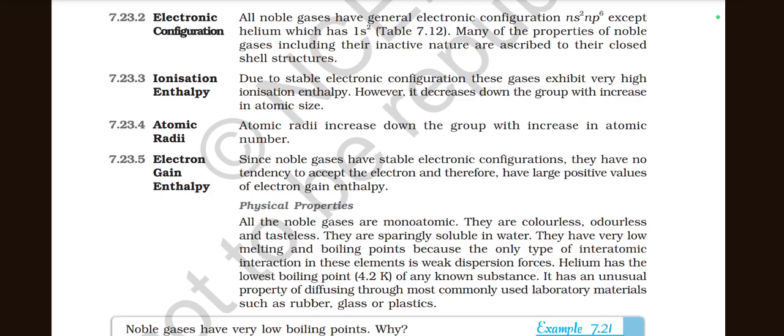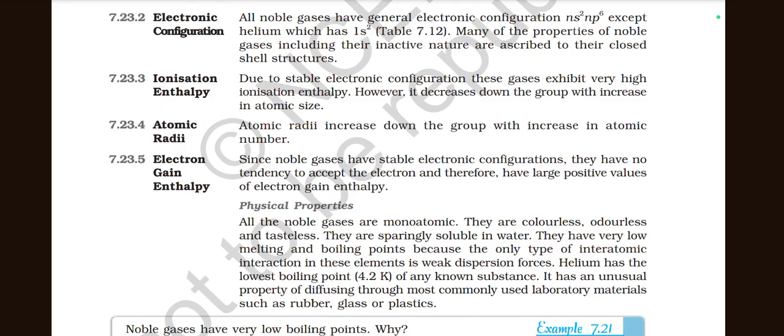Due to the stable electronic configuration, these gases exhibit very high ionization enthalpy. However, it decreases down the group with increase in atomic size. Atomic radii increase down the group with increase in atomic number. Electron gain enthalpy. Since noble gases have stable electronic configuration, they have no tendency to accept an electron and therefore have large positive values of electron gain enthalpy.